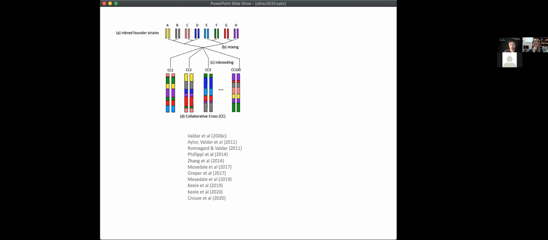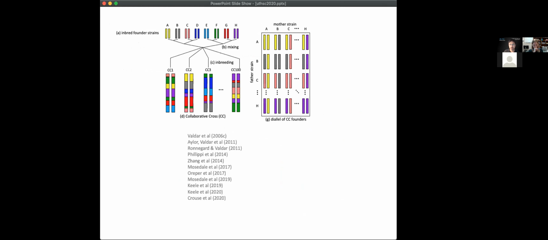Here are some papers that I've been heavily involved with regarding the collaborative cross. But there are other crosses that are related to the collaborative cross or derived from it that can be used complementarily with it. So one is the diallel.